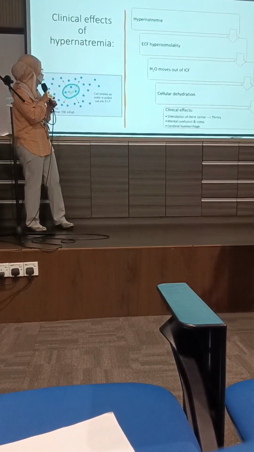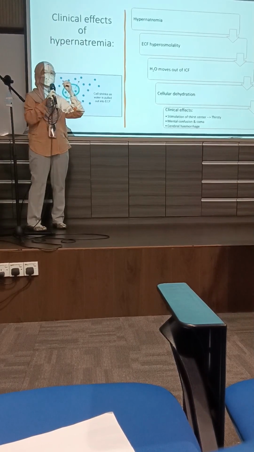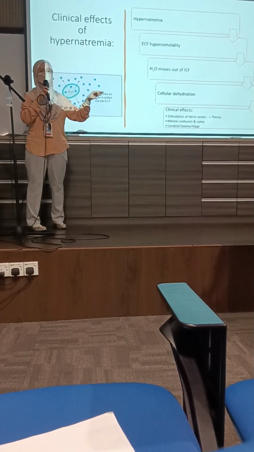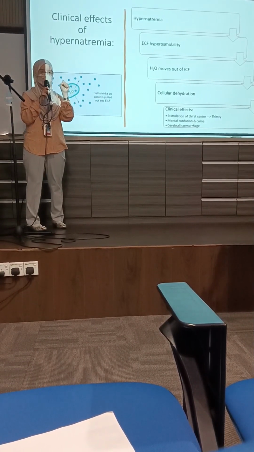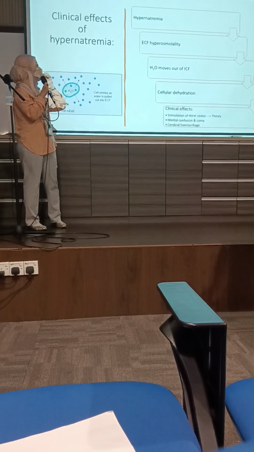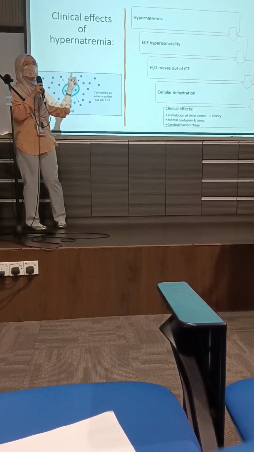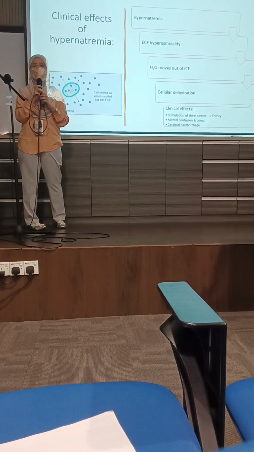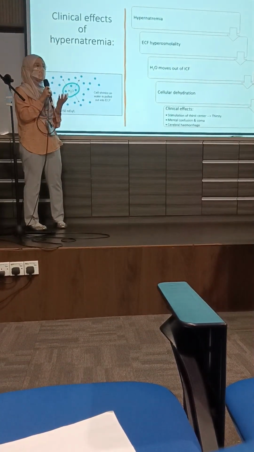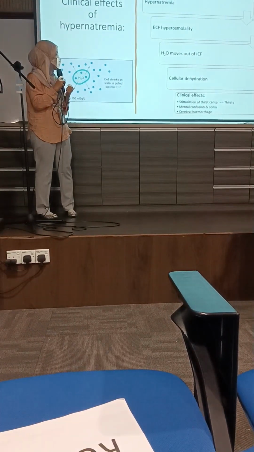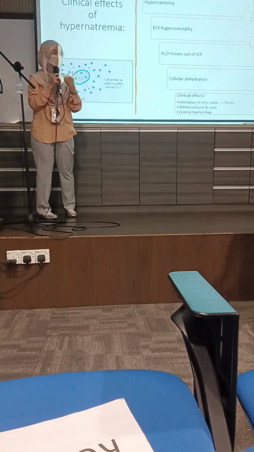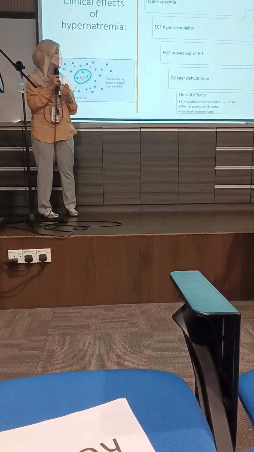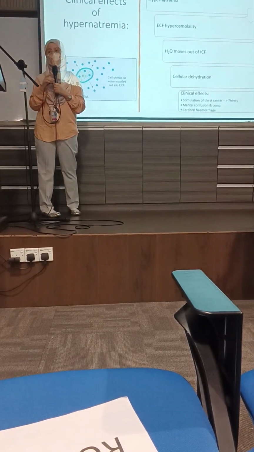Water will move out of the cells, and the cells will shrink, the brain cells. So hypernatremia increases ECF osmolarity, hyperosmolarity. Water moves out of the intracellular compartment and the cells become dehydrated. One, you can be thirsty. Two, mental confusion. Three, you can have cerebral hemorrhage.